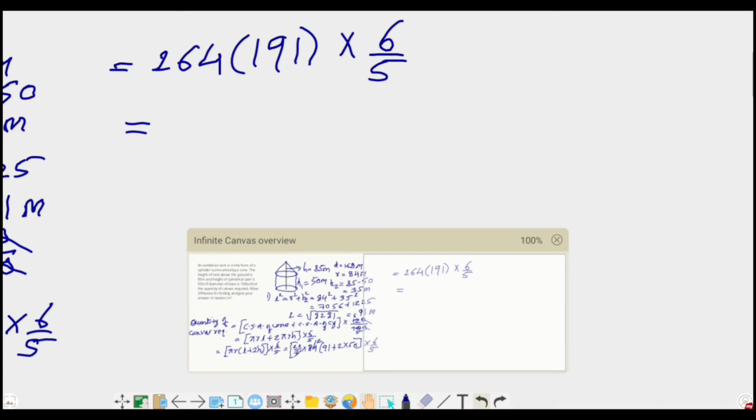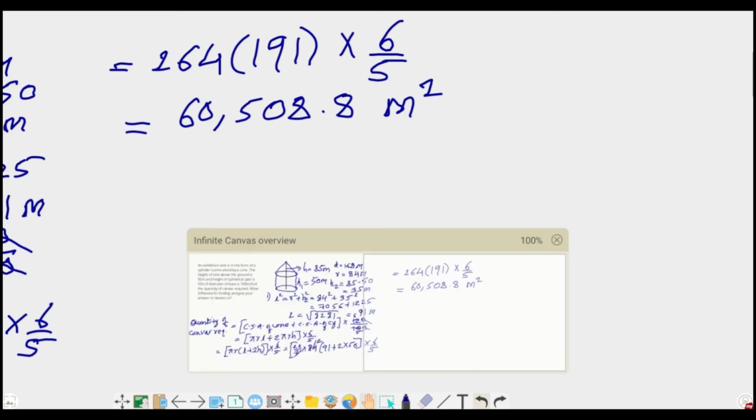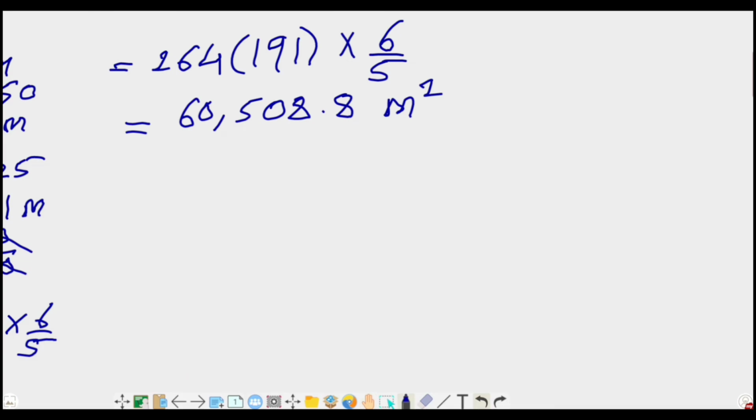It will be 60,508.8 square meter. But just see what they have told in the sum: give your answer to the nearest square meter. It is 0.8, so round up. So your answer is 60,509 square meter. Got it, students?